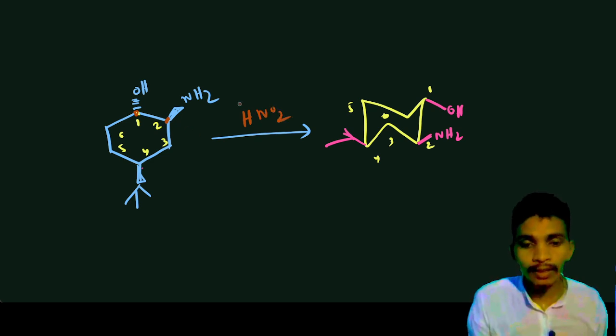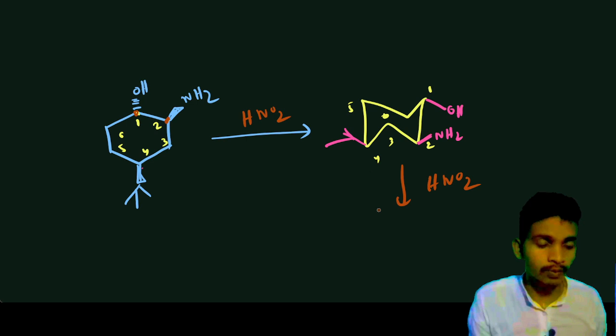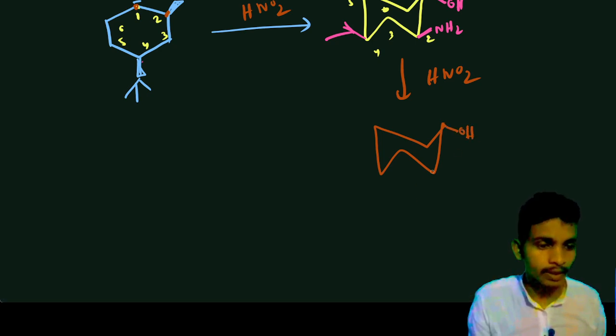What you see is that the work of this HNO2 is that it will convert this NH2 into nitrogen gas. This is the OH, and this is going to convert into nitrogen gas, N2 plus. Okay, like this.